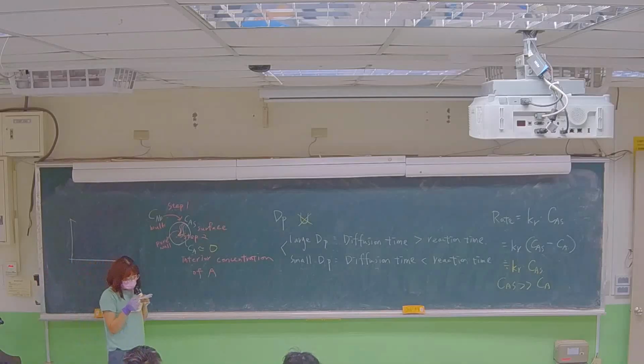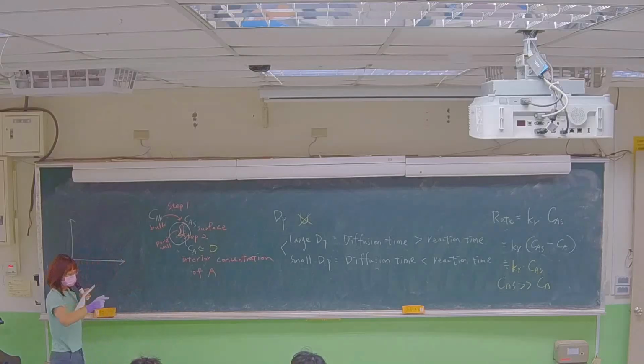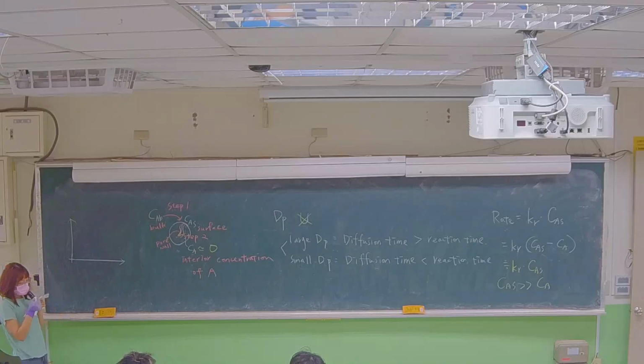For figure A, you can see the particle like this, the similar one. Figure A shows CAS and CA, right? CAS should be larger than CA. Your material can diffuse into the inner part.